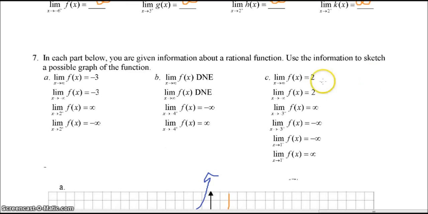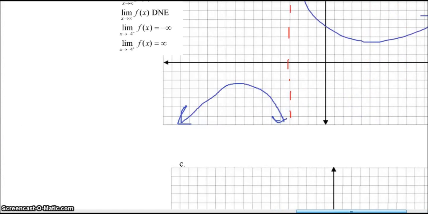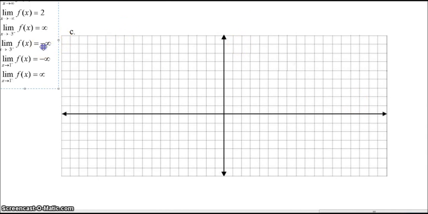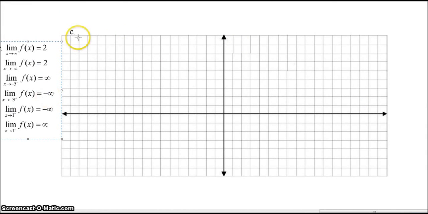Let's see, last one. Okay, we have horizontal asymptotes at 2.